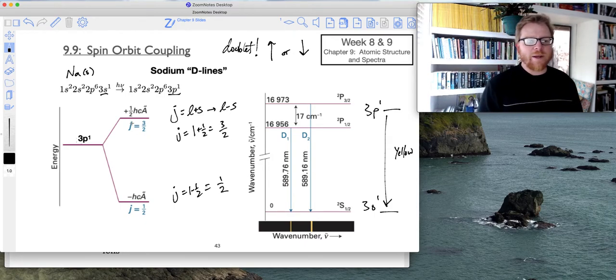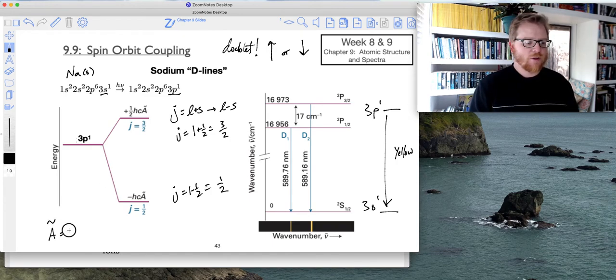And the spin orbit coupling is given by this equation, plus 1/2 hc A, or minus hc A, where A is the spin orbit coupling constant.